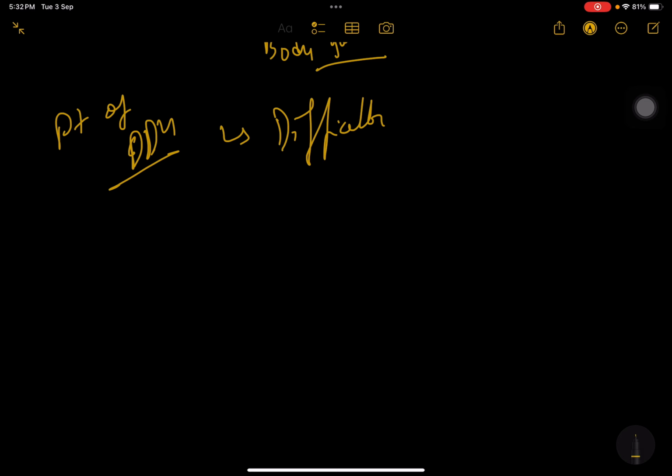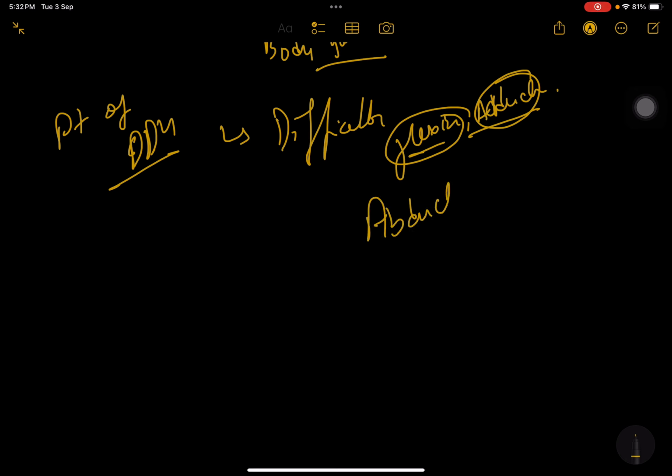The patient's attitude will be flexion and adduction. There'll be difficulty in abduction. Simply, limitation in abduction and internal rotation.